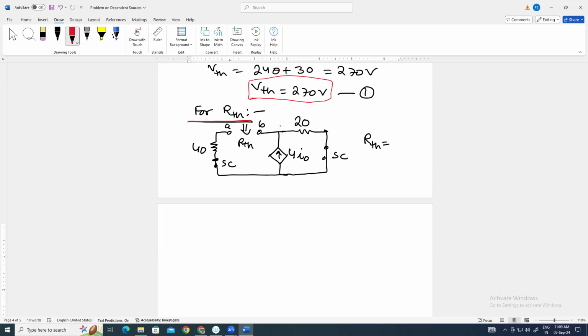Okay. So to calculate RTH in a circuit with dependent sources, two methods are there.